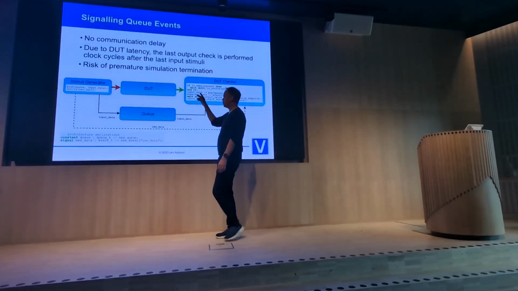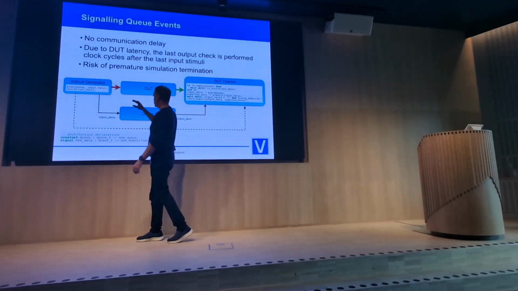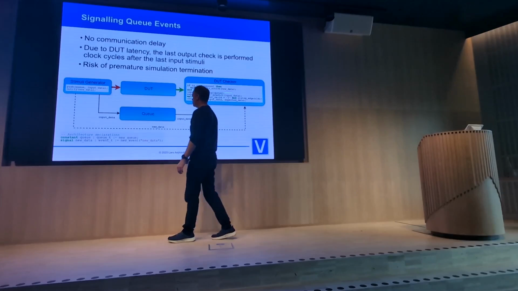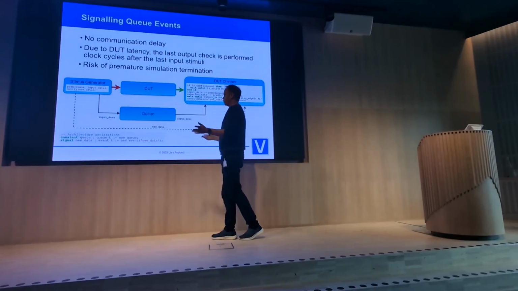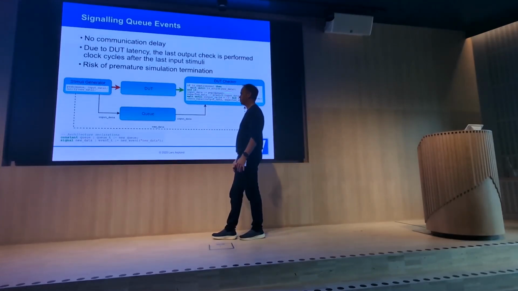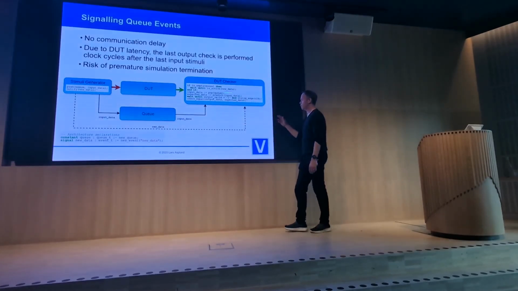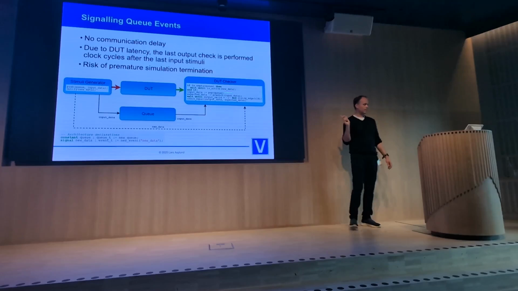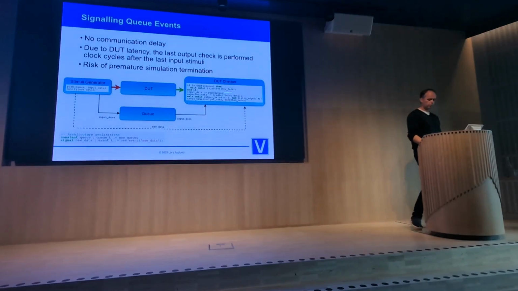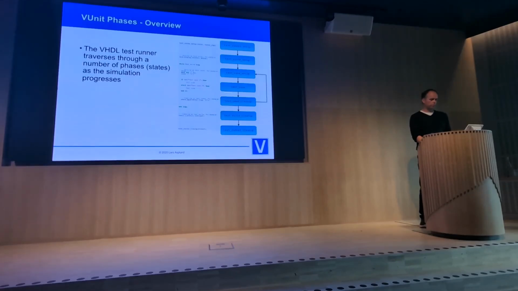The stimuli generator will continue to apply inputs. It will put all of those inputs into the queue, but nothing stops it from terminating the test bench after those 10 extra wait cycles. So we need something else to prevent this case. And it's kind of common that you actually end your test bench without actually having tested anything. So it's a silent pass, sometimes called.